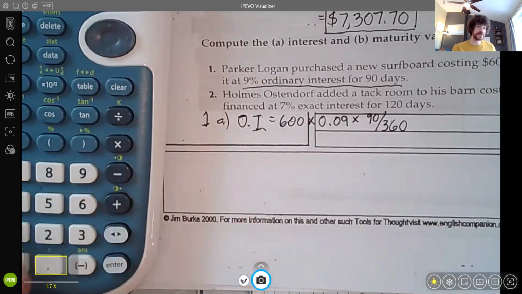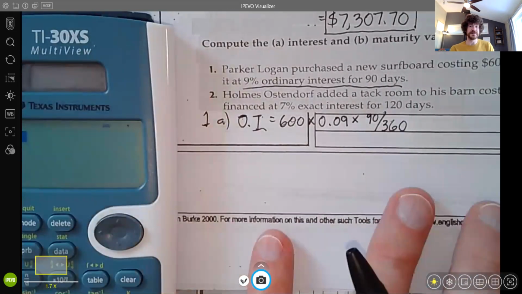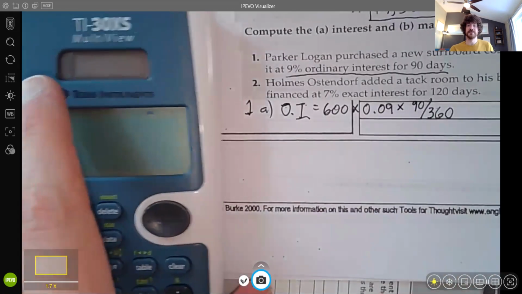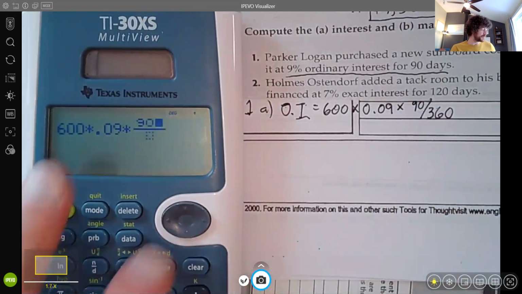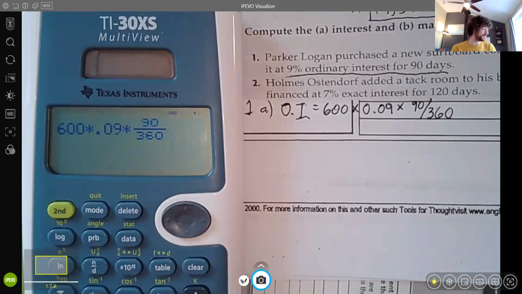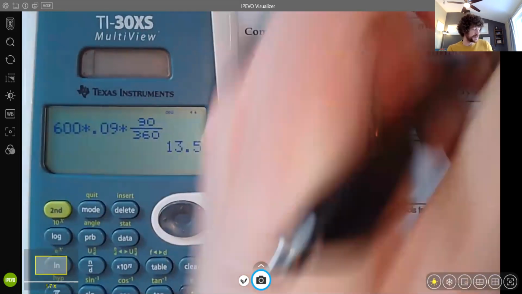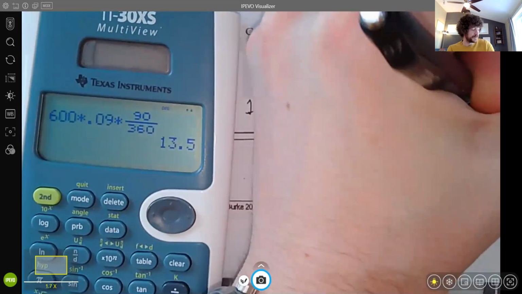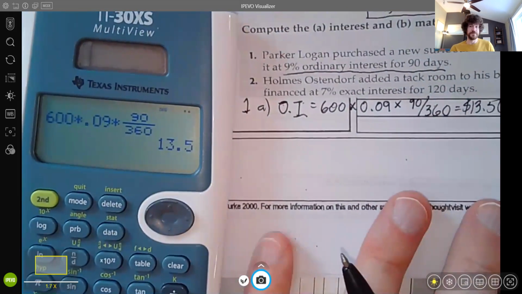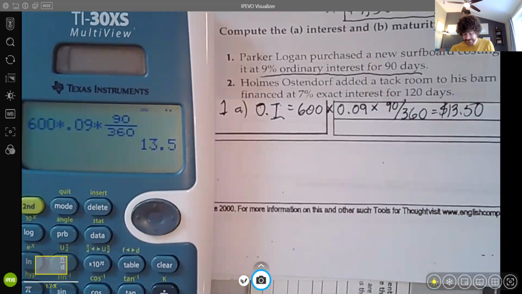So 600 times 0.09 times 90 over 360. So when he pays that off at the end of the 90 days, it will have earned $13.50 in ordinary interest.